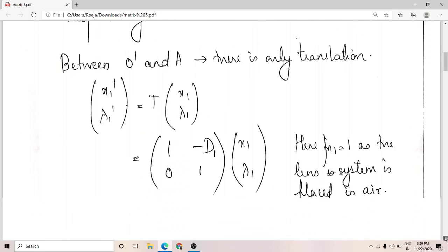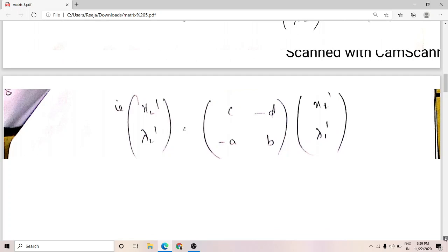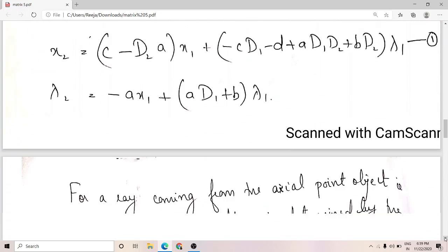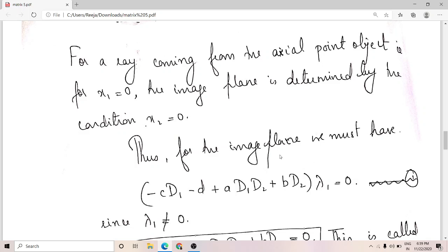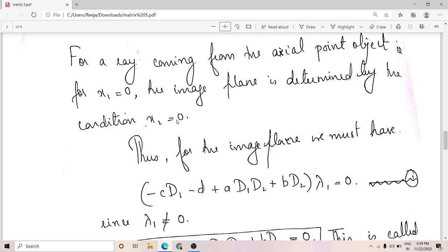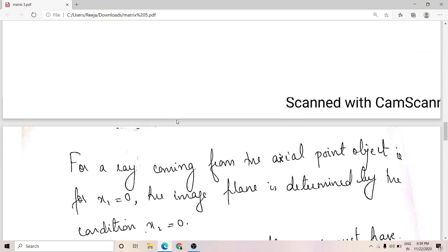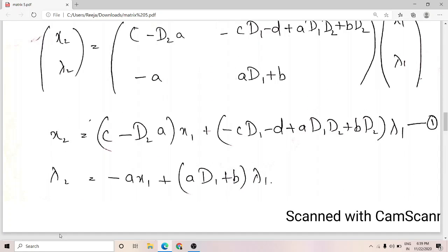That is, if we consider an axial point object, then x1 is equal to 0 and the image plane is determined by x2 is equal to 0. So let us see what will happen to our equation 1. Thus, for the image plane, we consider the first equation, this x2 becomes 0, x1 becomes 0.